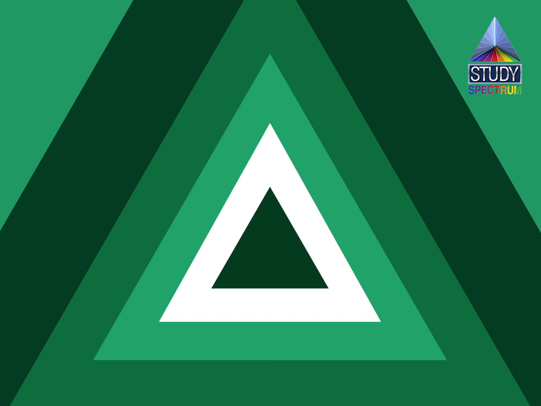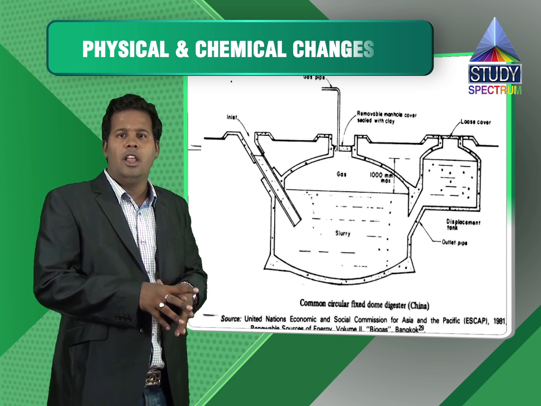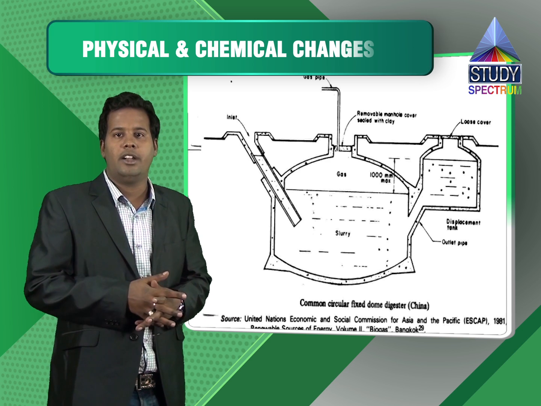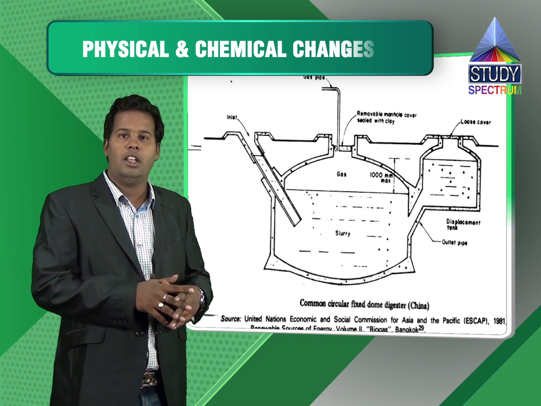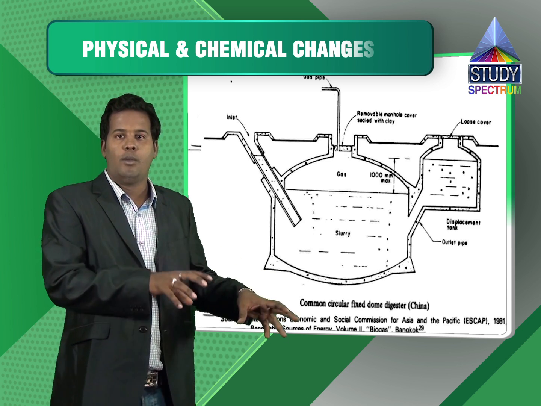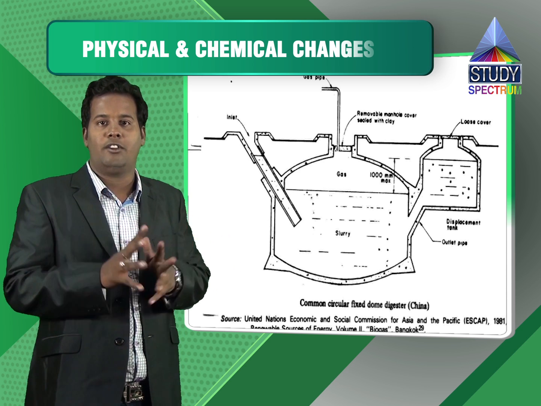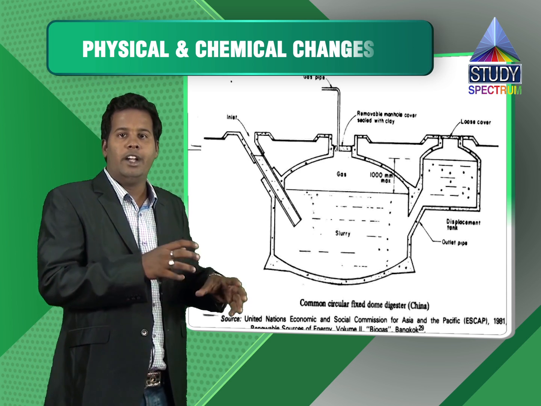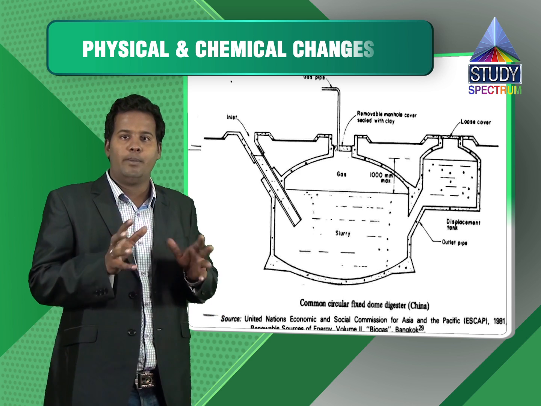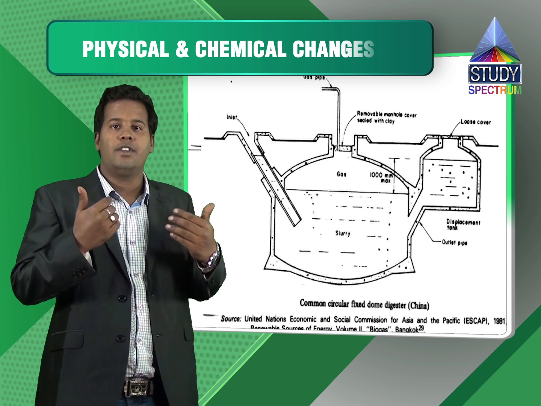Now you understand, when this LPG, which is in liquid form inside the cylinder, comes out from the cylinder, it becomes a gas. So basically we have seen the change of state from liquid to gaseous form, but the compound is the same, LPG, liquefied petroleum gas. When it comes out from the cylinder in the form of gas, that particular change, which is given as change A, is actually a physical change.